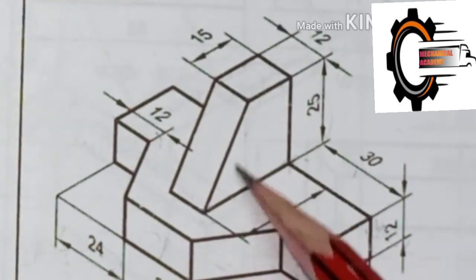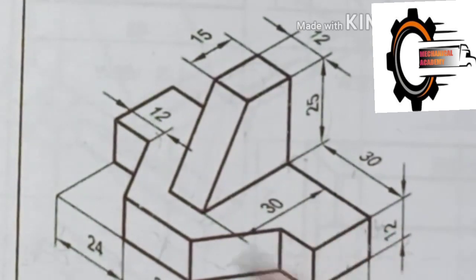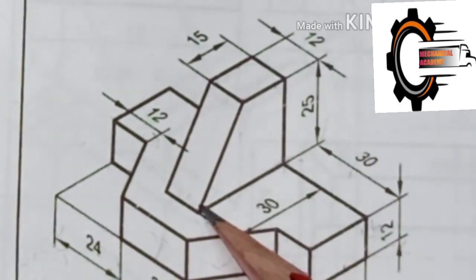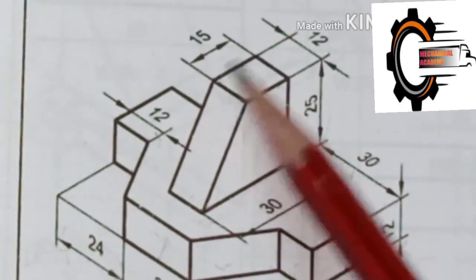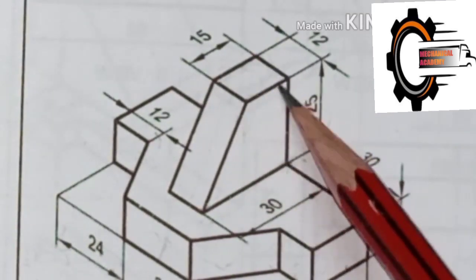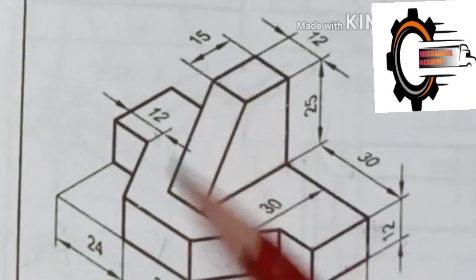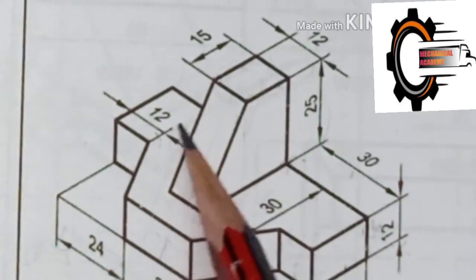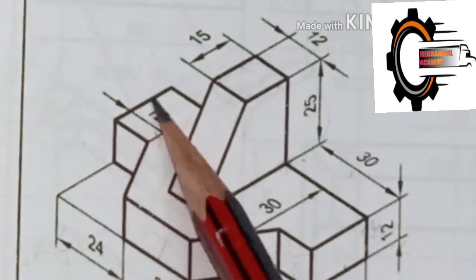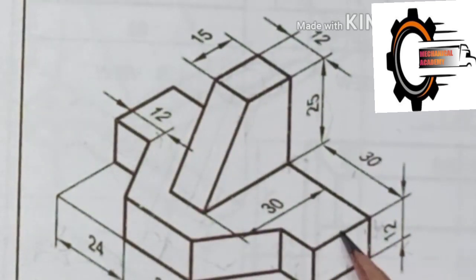The total length is 30 mm, so from here to here is 30 mm, but the square box is only 15 mm. So the rest of the inclination part is 15 mm, and this distance is 20 mm.